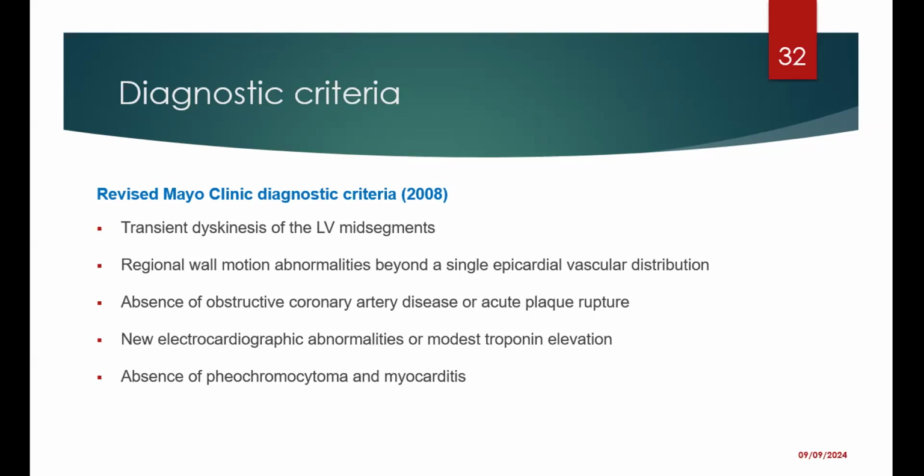There must also be absence of obstructive coronary artery disease or acute plaque rupture. Patients should also have new ECG abnormalities with modest troponin elevation. And of note, there must be absence of pheochromocytoma or myocarditis.